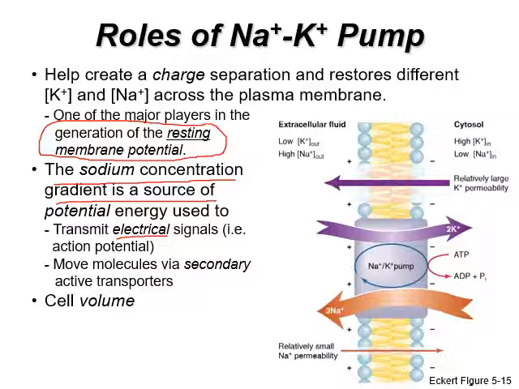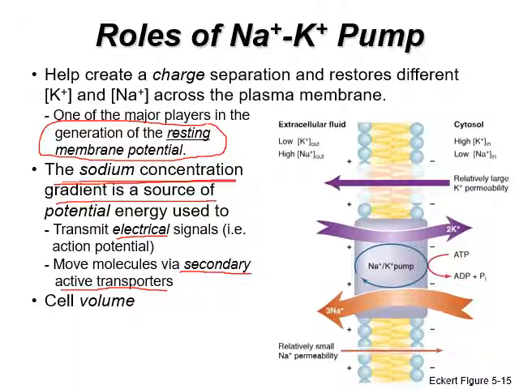We allowed a molecule to go down its concentration gradient, and that energy from it going down was used to move a molecule going against its concentration gradient. So much of what the sodium potassium pump does is create a sodium concentration gradient. So now sodium can move down its concentration gradient to move other molecules. So the sodium potassium pump fuels a lot of the secondary active transporters.